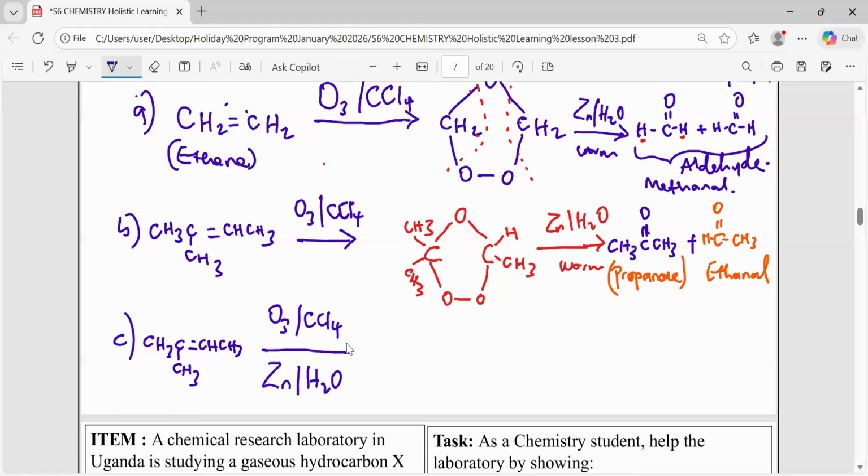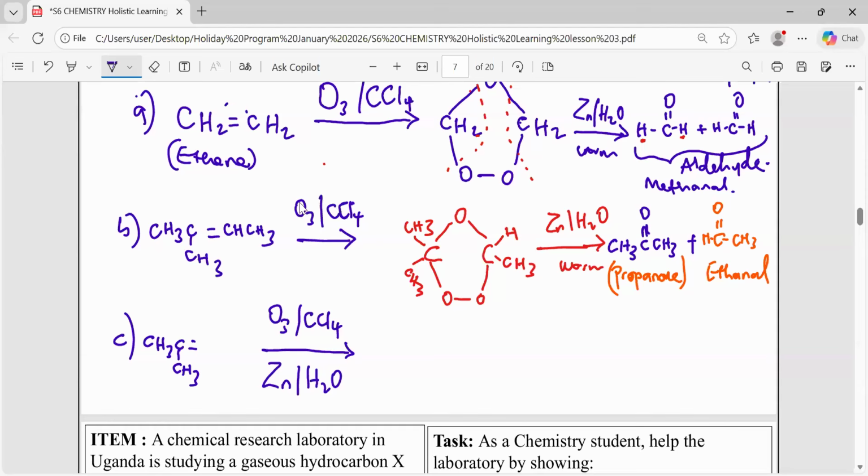Okay. Now look at this. I'm still on you, please, Grace. This time, I don't want you to give me the ozonide. Sorry, I've made a mistake here. I've combined the two stages.